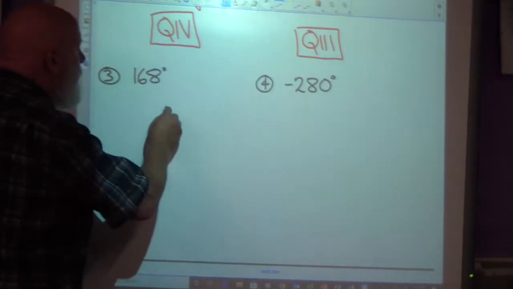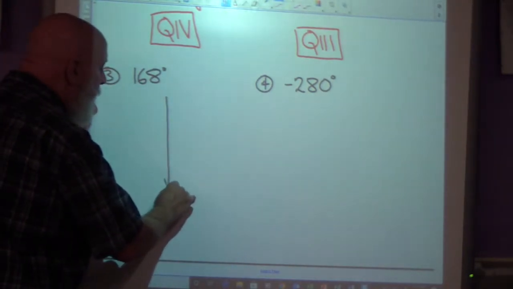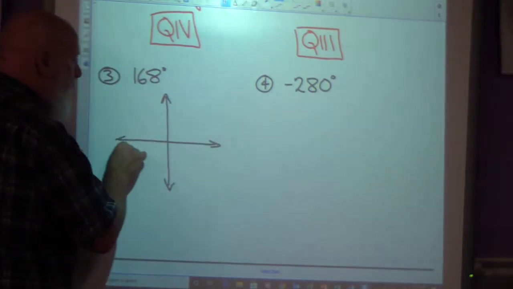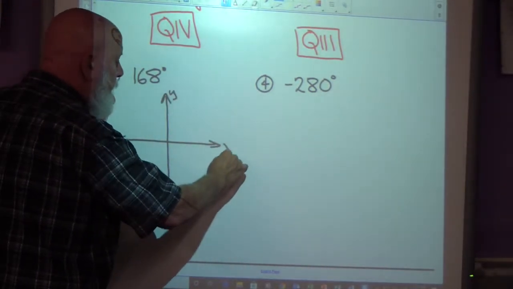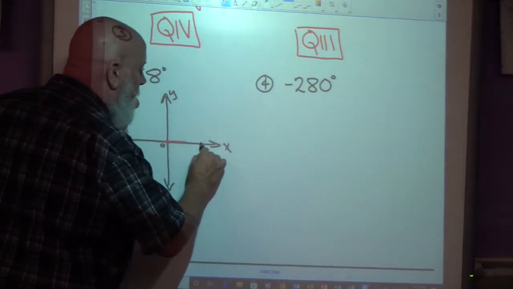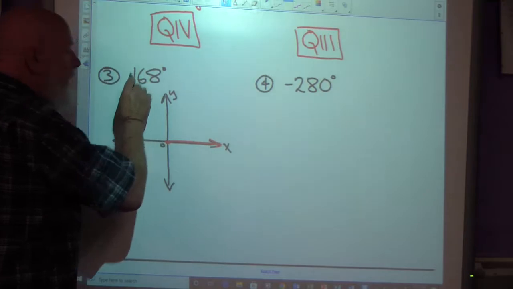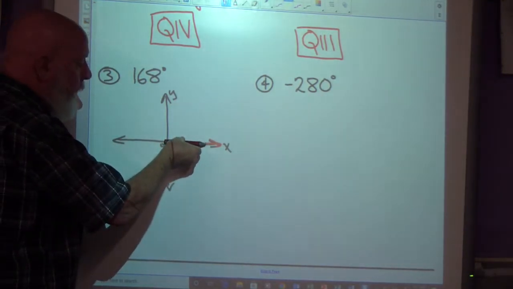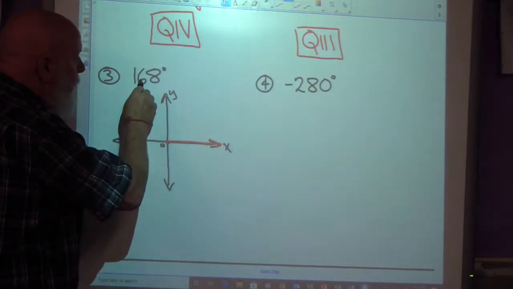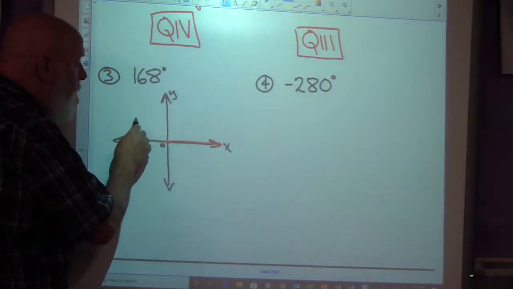A couple more, just doing the same thing, just trying to identify in what quadrant the angle lies, the terminal side. This is the y-axis, the x-axis, there's my origin. Here's my initial side, and then I'm going to rotate positive 168 degrees. Well, there's positive 90 rotation. There's positive 180. 168 is in quadrant 2.